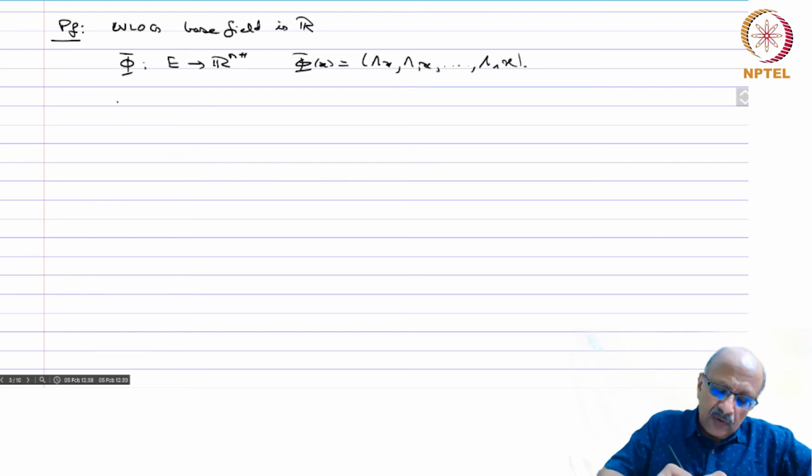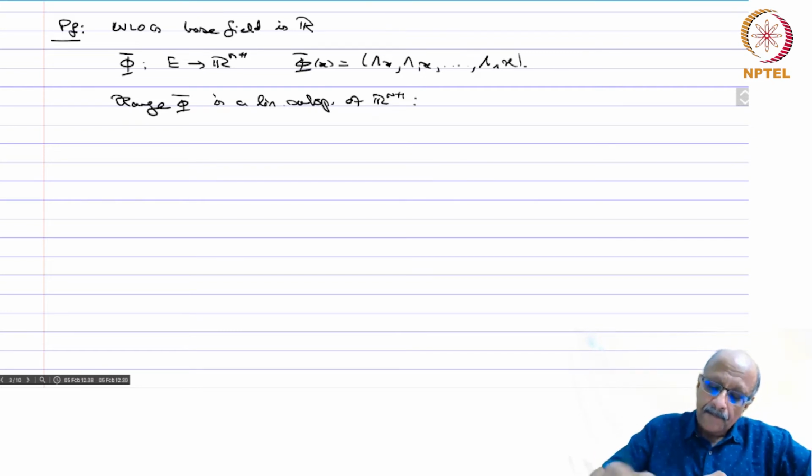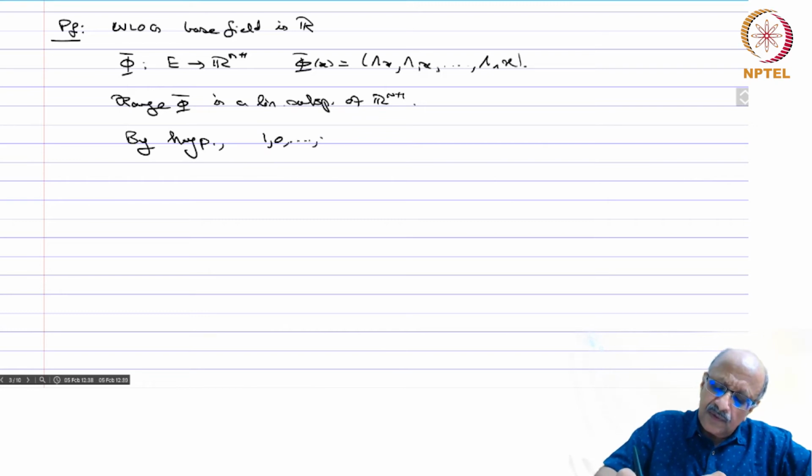So the range of phi is a linear subspace of R^(n+1). And by hypothesis, (1, 0, ..., 0) does not belong to the range of phi.